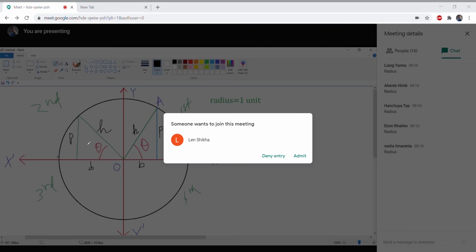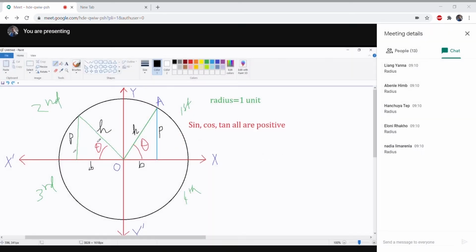Then the perpendicular, is it positive or negative? Look, the perpendicular is along the positive y-axis, so it is positive. Hypotenuse doesn't matter, because it will be plus 1 throughout the whole circle. We have to depend on the perpendicular or the base. So the base is negative and the perpendicular positive, whereas in the first quadrant all are positive.